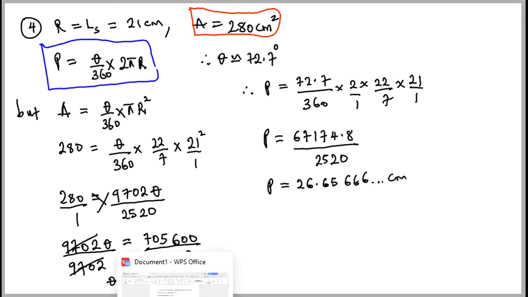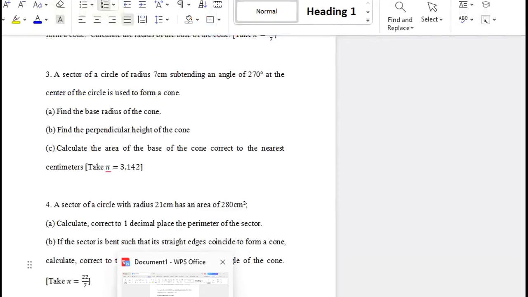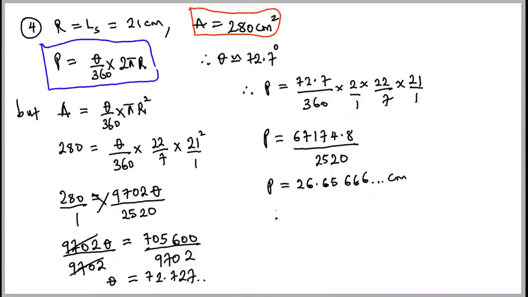But the question says we should approximate to 1 decimal place. Calculate correct to 1 dp the perimeter of the sector. So the perimeter of the sector is now approximately, to 1 decimal place means I'll focus on the decimal side only. The first decimal place here is 6, that is the first digit after the point.